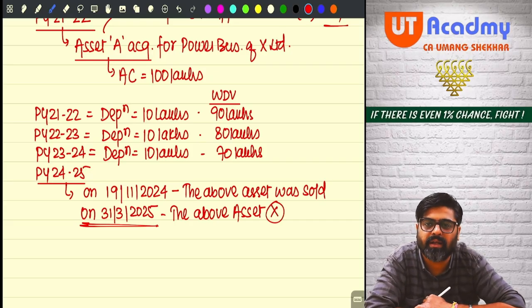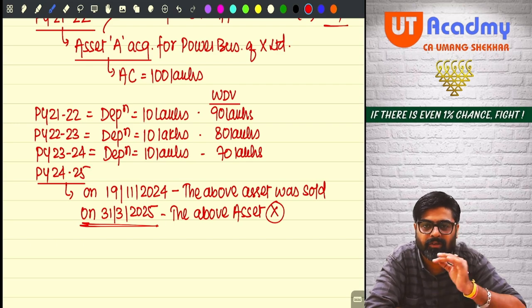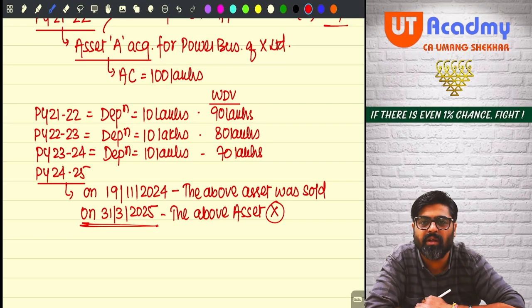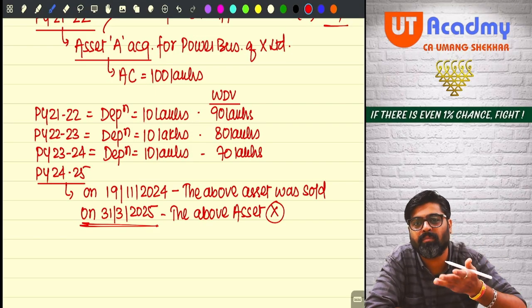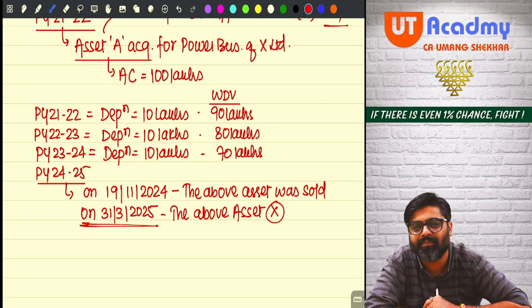So if the asset does not exist in the business anymore as on the last day of the previous year, how would you be able to claim the depreciation for the full year?